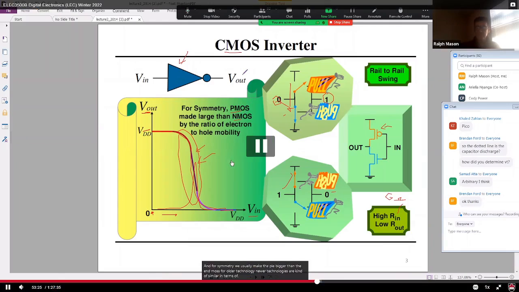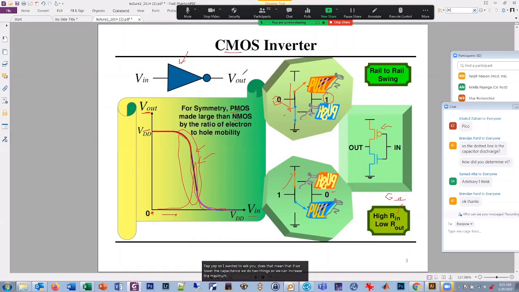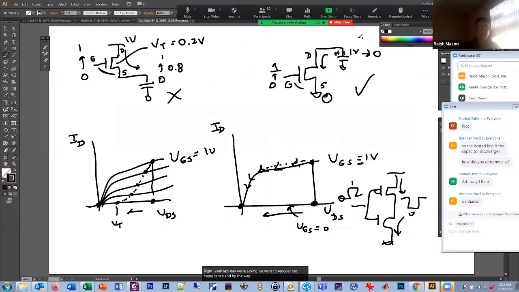May I have a question? Yeah. So I wanted to ask, does that mean that if we lower the capacitance, we do two things? We can increase the maximum clock speed of the chip, but we also reduce power draw because we reduce the time that's in that region? Yeah, last day we were saying we want to reduce that capacitance. And by the way, we just calculated this.